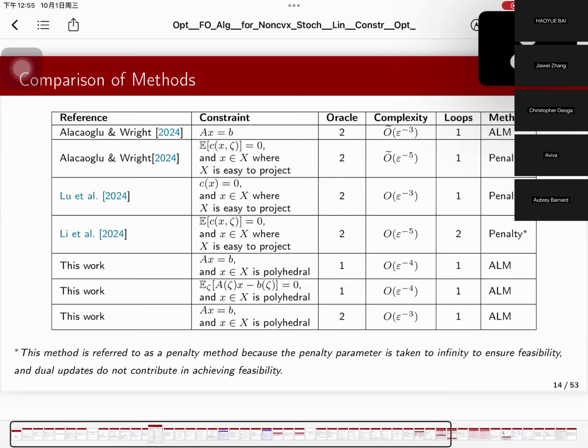In practice, for the penalty method you usually need a very large penalty parameter, and there can be numerical issues if we want a very accurate solution. Also, many algorithms are double loop or even triple loop. It is not just a single loop iterative method; you need to iteratively solve some subproblems. So in practice, these algorithms can be computationally very expensive.